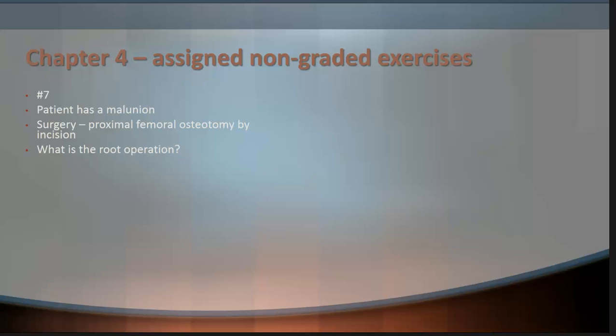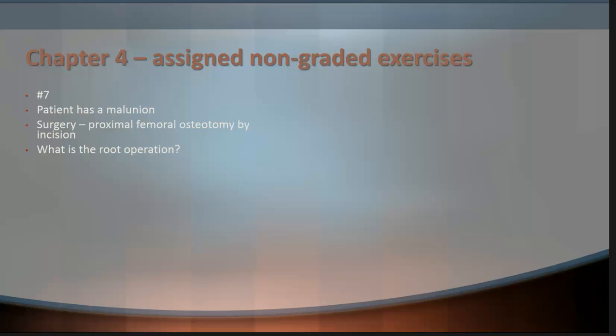For number 7, at the end of chapter 4, it reads, a patient has a malunion of an intertrochanteric fracture of the right hip which is treated with a proximal femoral osteotomy by incision. Again, you're first asked to identify the root operation.